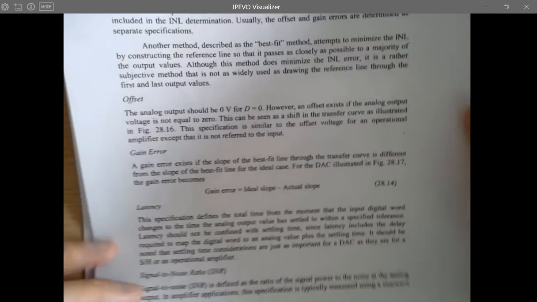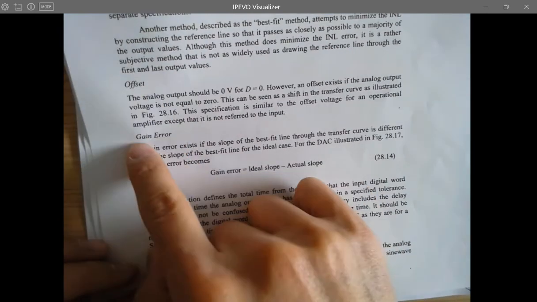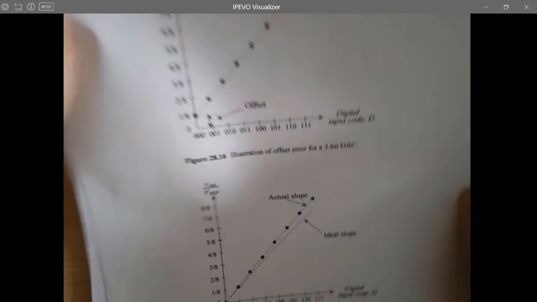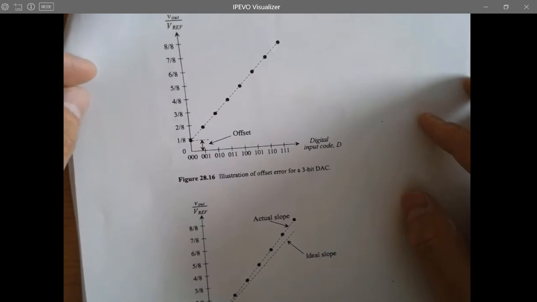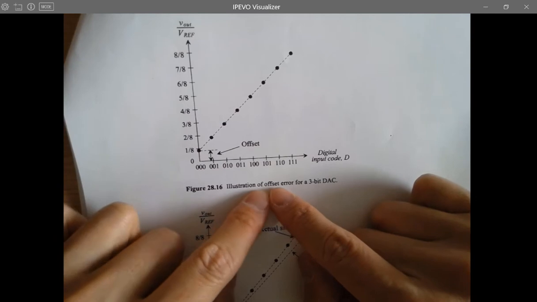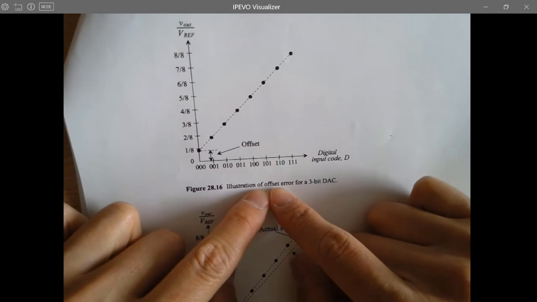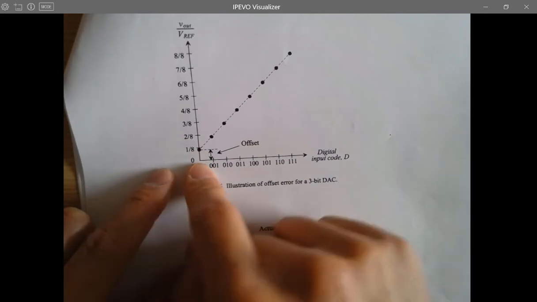Offset. There are two different offsets. One is offset error, one is gain error. We just need to understand it qualitatively, not quantitatively. So this one articulates offset error. This point should be right at 0, but actually it's not.